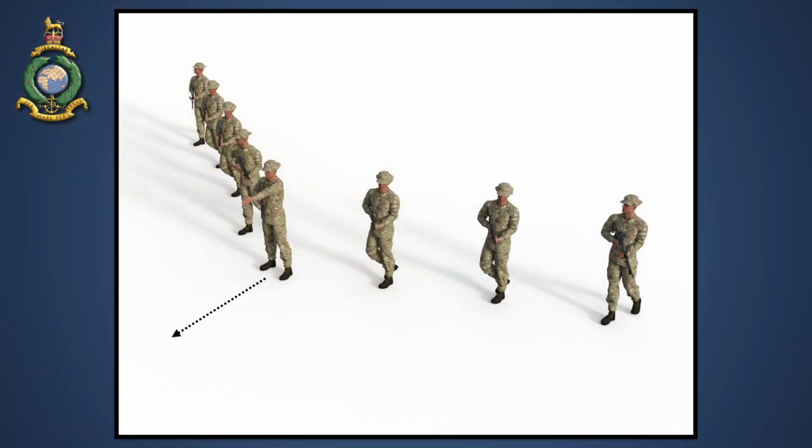So we've covered 3 formations. Let's look at the last one. And the last one is called Arrowhead. It's similar to the extended line, but basically what's happened is, as you move away from the middle, each member of the section moves back slightly.